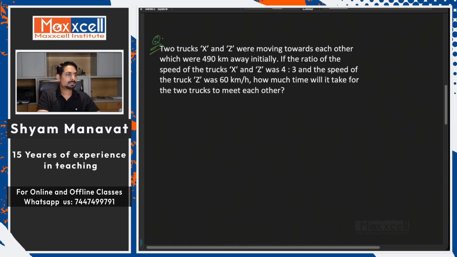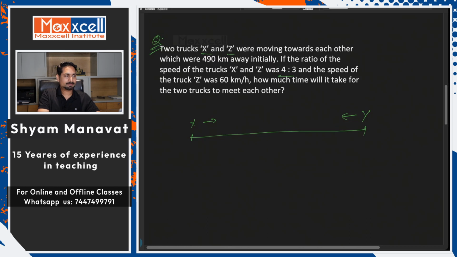All right, let's start. So question said two trucks X and Z are moving towards each other. All right, truck X and truck Z moving towards each other. The ratio of speed is what? 4:3.